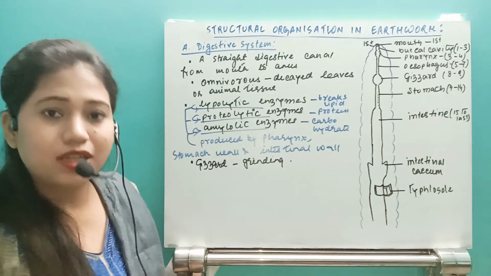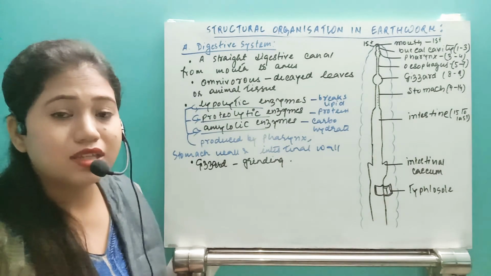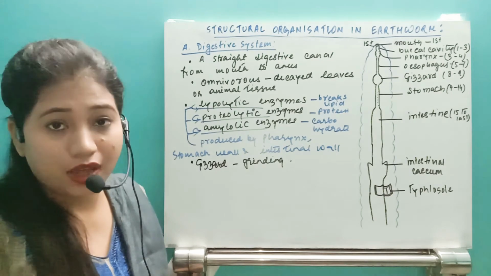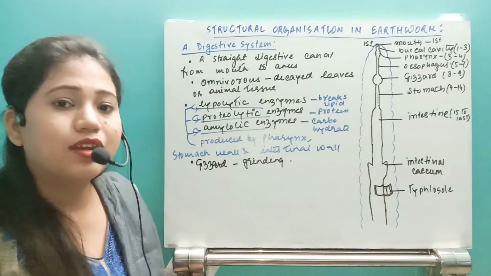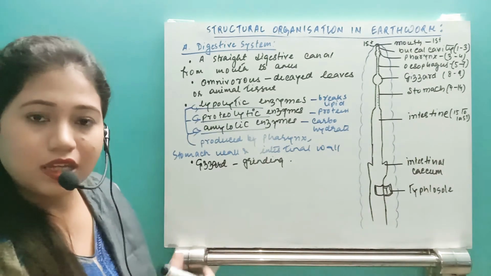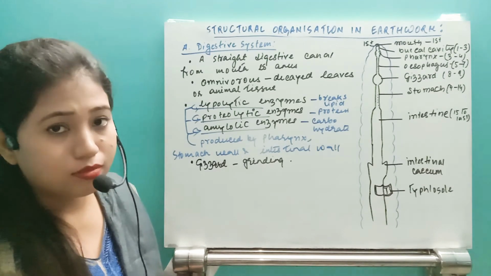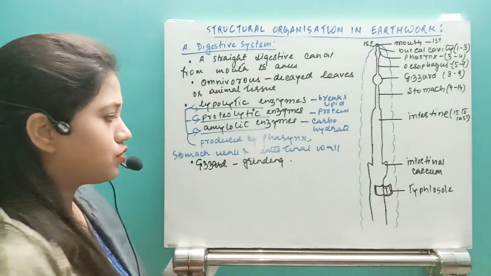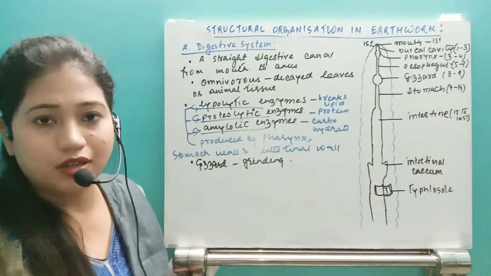If they had teeth, the body weight would increase and they could not fly. So as an aerial adaptation, they don't have teeth; rather they have the gizzard. In the case of earthworm also, teeth are not formed because this is a very primitive organism. So to grind the food they have the gizzard.